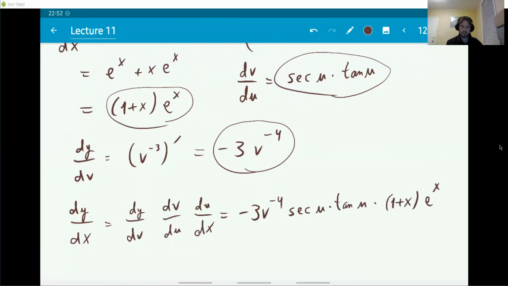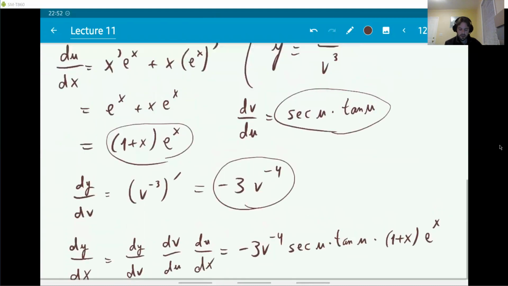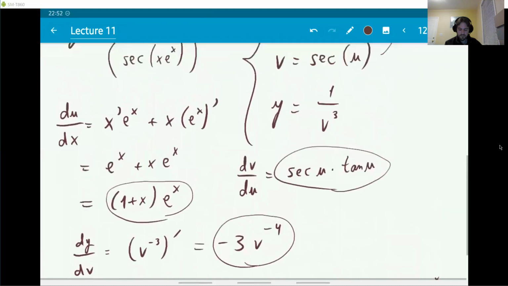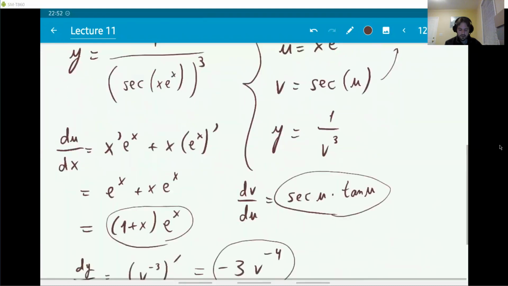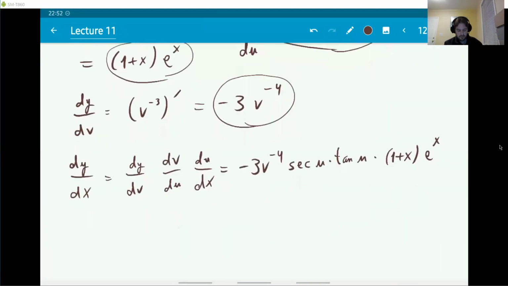And finally, convert everything only to functions of x. Look right here, up here. u is x e to the x. So I'm going to at least replace those guys right here.